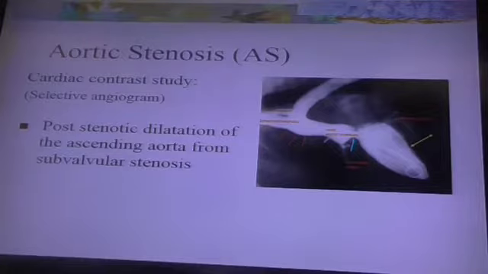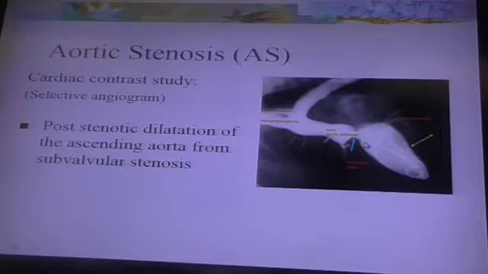Aortic stenosis. Aortic stenosis is usually subvalvular. And here's another ventricular artery catheter. This is a pigtail catheter, with contrast material placed in the left ventricle. Notice the narrowing. This is where the aortic valves are, this little bulge that we see here. And notice this post-stenotic dilatation. Now, a little rule of thumb.